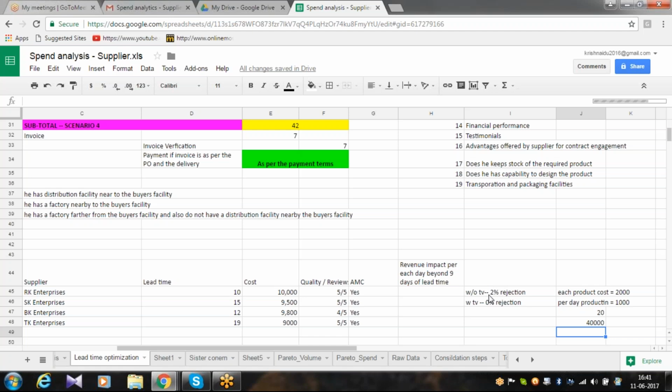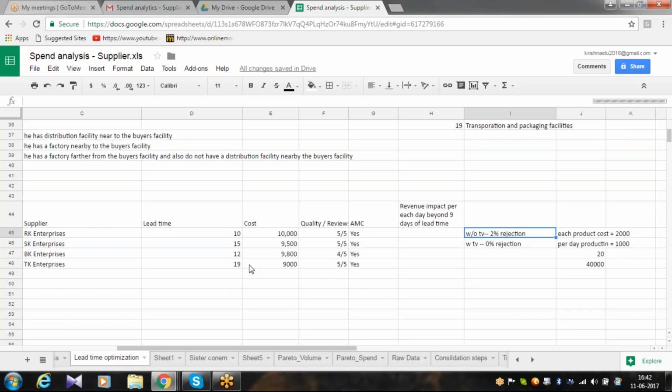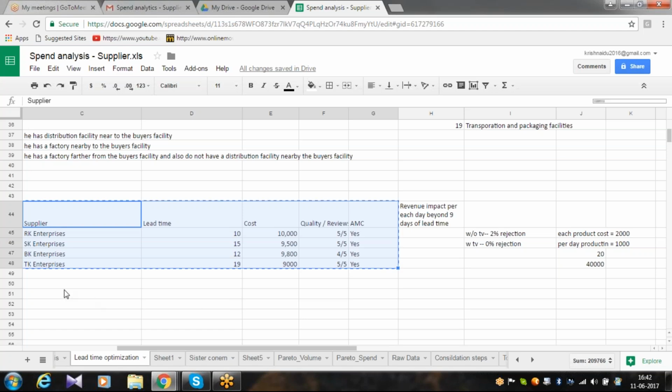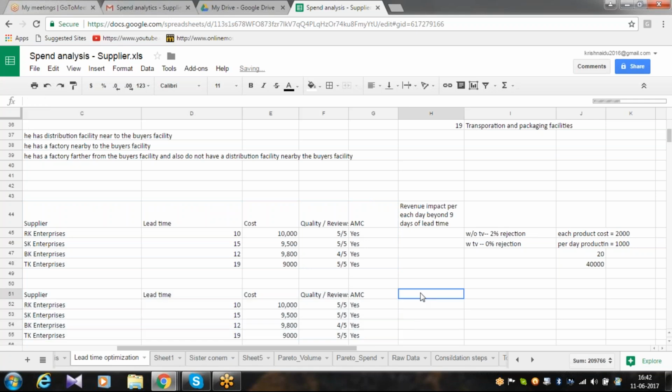So now let's measure it. I'm removing this because we already put this. Same data I'll put below: revenue loss caused by delay beyond 9 days.